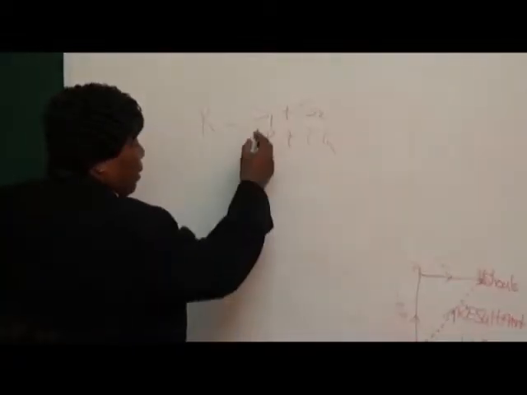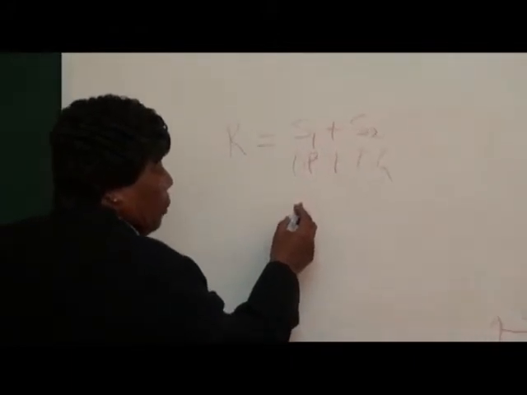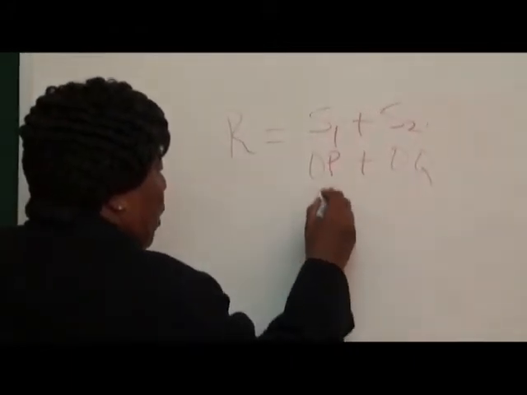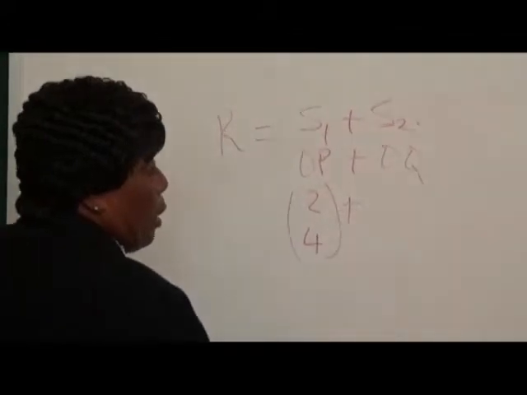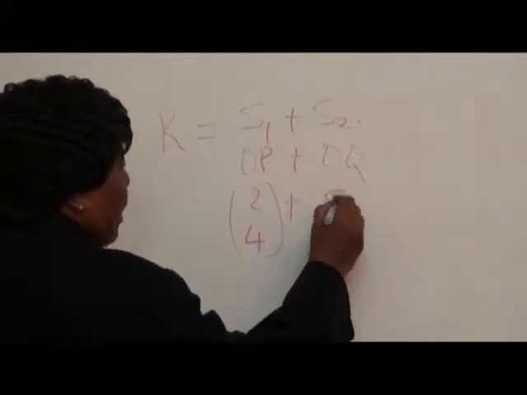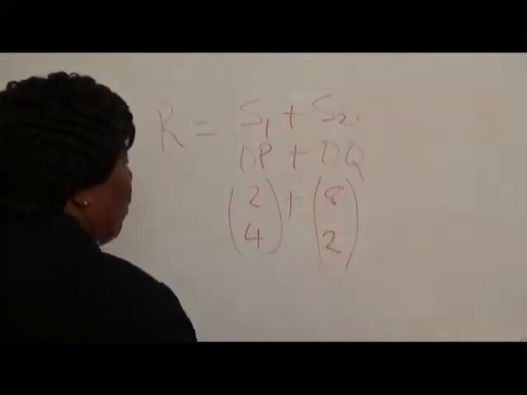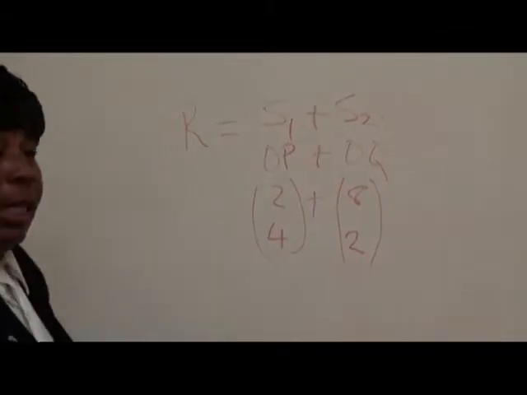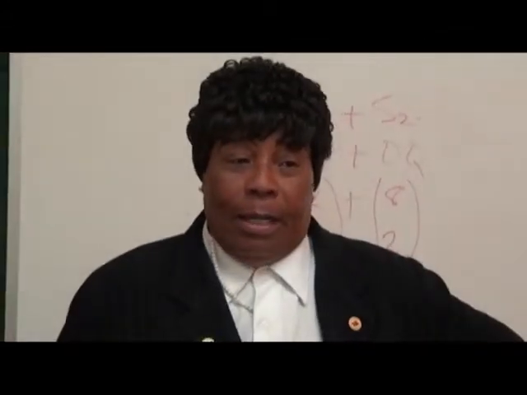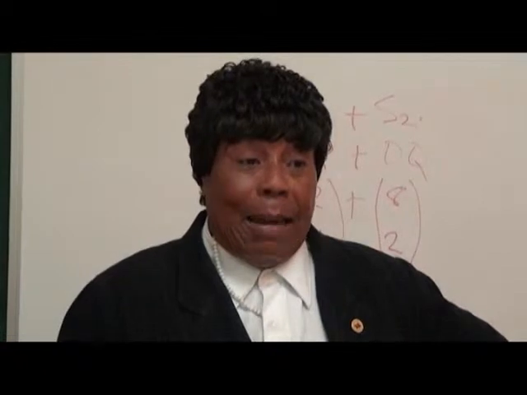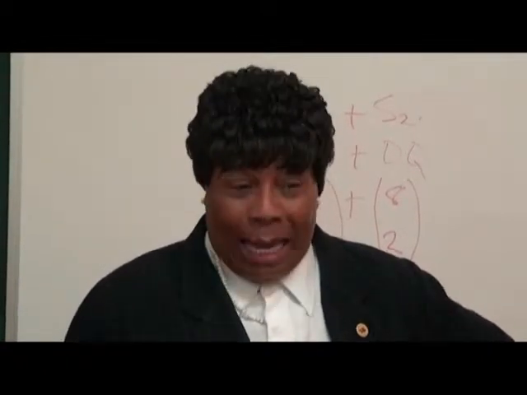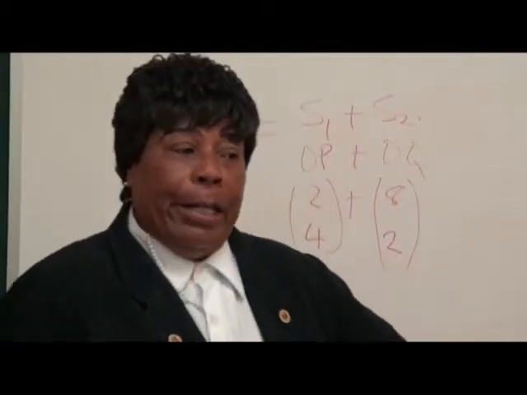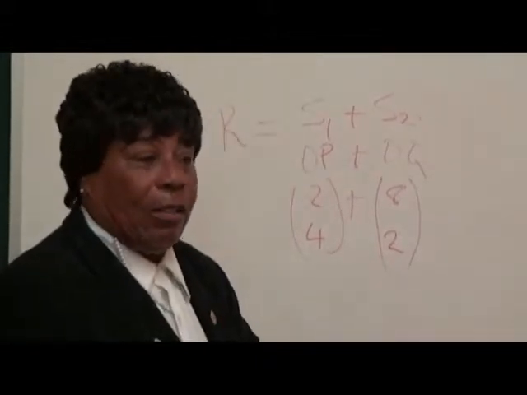What did you tell me the position vector of OP was? 2, 4. And then it is plus, what is OQ? 8, 2. And because we have done a little matrices, we know about addition that the things in the same positions are added together. All right? And it holds for the vector too.